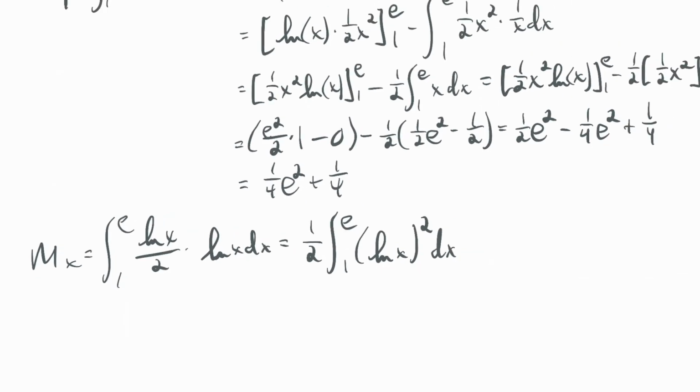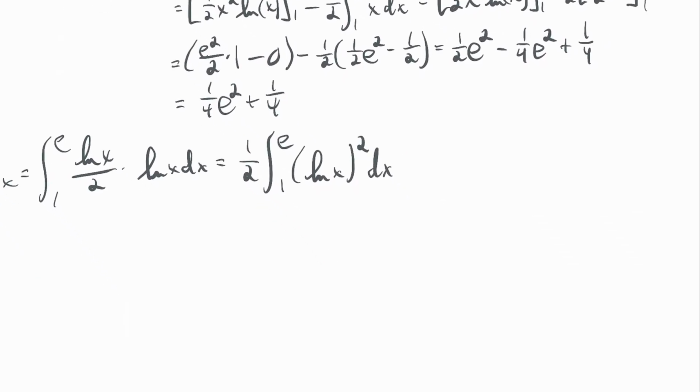Okay. So I see a couple of ways to handle this. I think we could do a substitution. y equals ln of x may work just fine. But I think also we could try doing integration by parts with u as ln of x and dv is ln of x dx. And I'm not sure which one's going to be easier. Since this section is on integration by parts, we'll go ahead and do that.